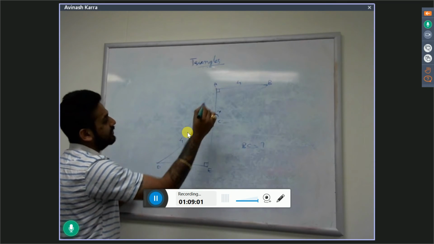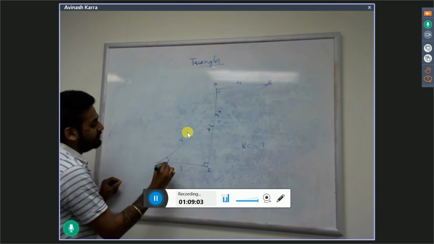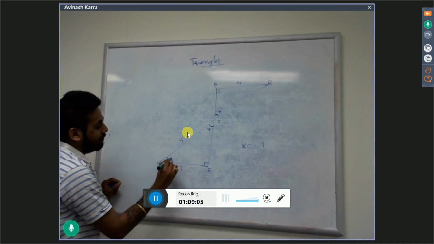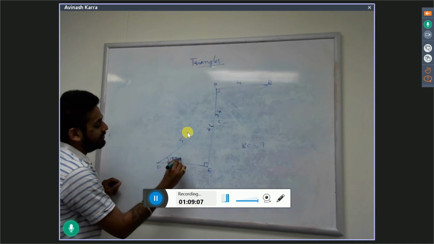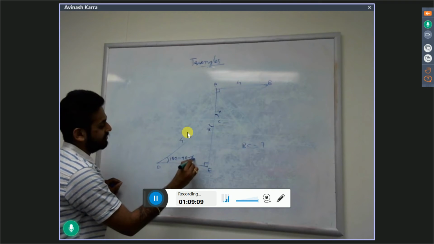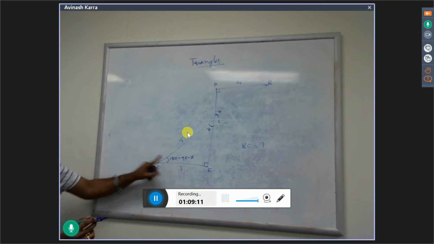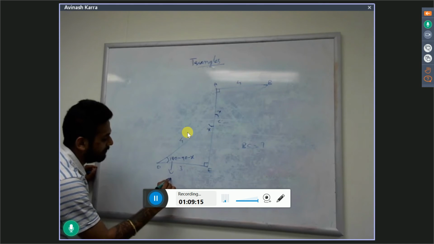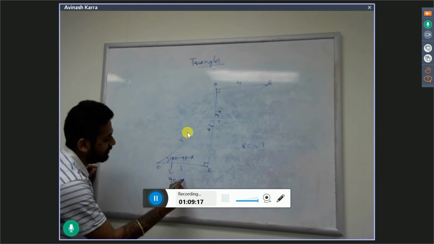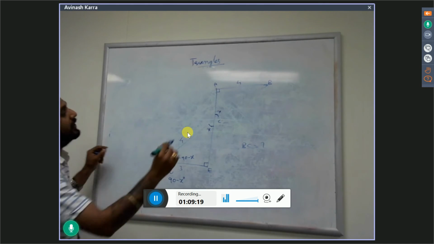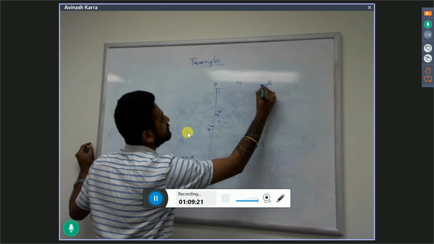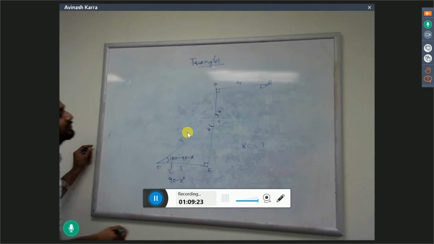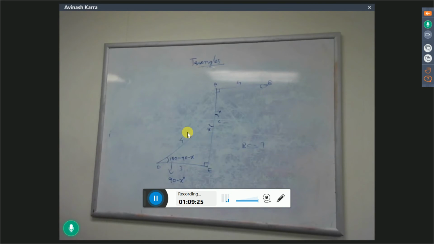And this is 90. So what will be this? 180 minus 90 minus x, right? So it will be 90 minus x. So what will be this angle? 90 minus x.